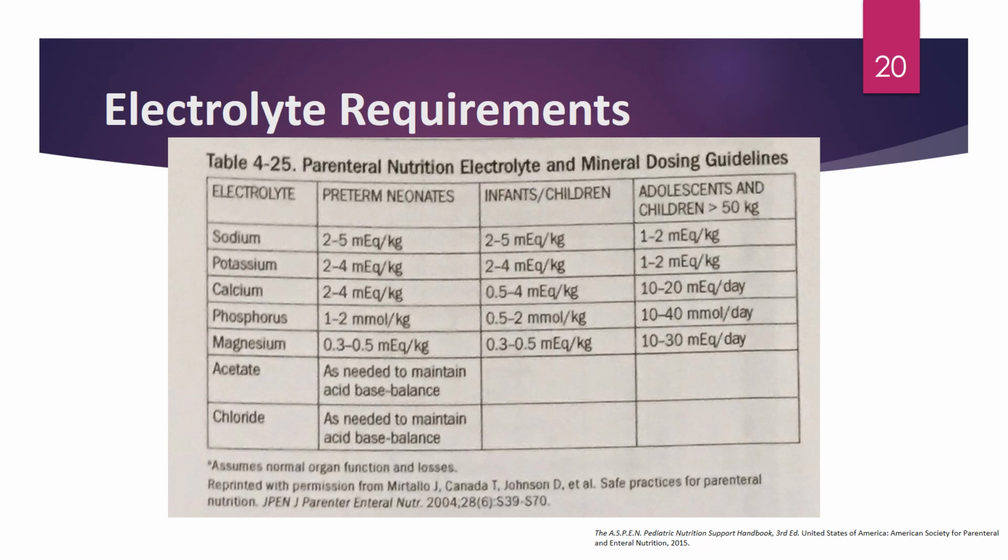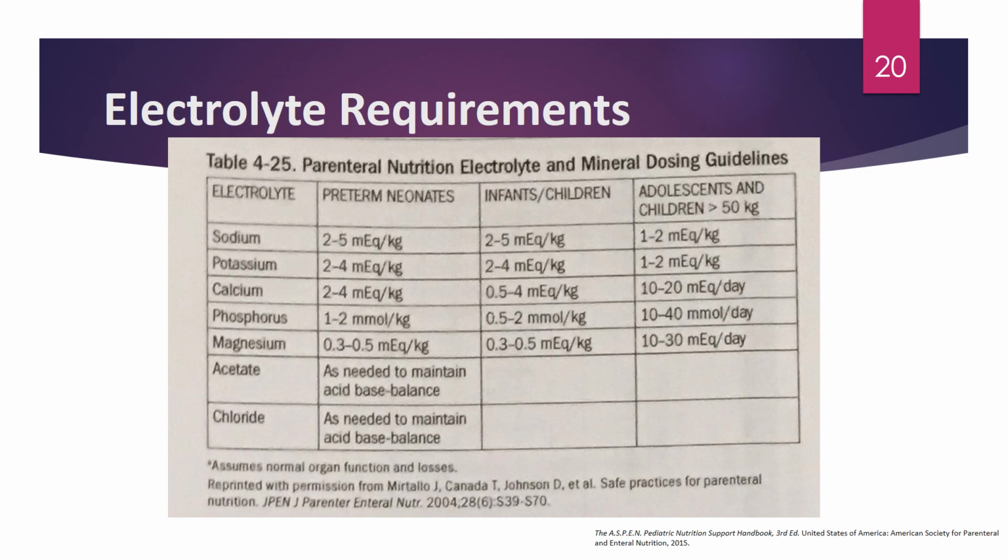But in preterm neonates, infants, and children, they need much higher milliequivalents per kilo. But remember, they are much smaller in weight, so this might not amount to the same dosing that you would see in adults.